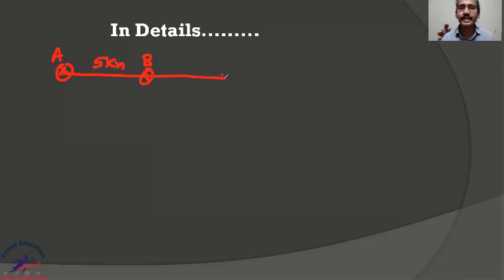Point B to point C, this is 7 kilometers. Point C to point D, this is 15 kilometers. Again, the object came from point D to point E, 5 kilometers.